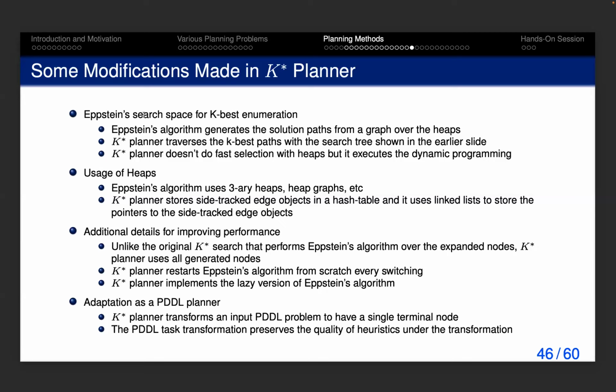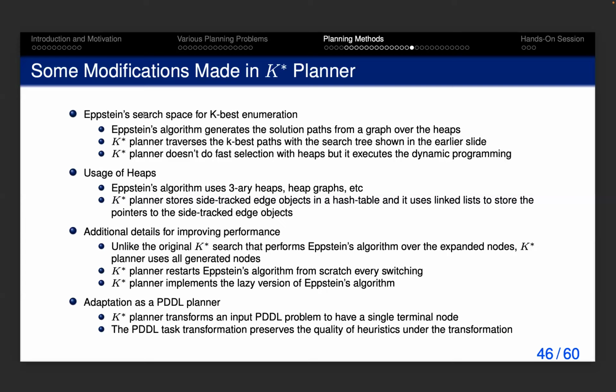Thanks. I think I have a question. You say you're transforming the input to the real problem to a single terminal node. Is that transformation more than something you have to apply to the specification of goal states? Yeah, so you have the goal state, and then you have one terminal node. Right, so that's changing the problem. Okay.